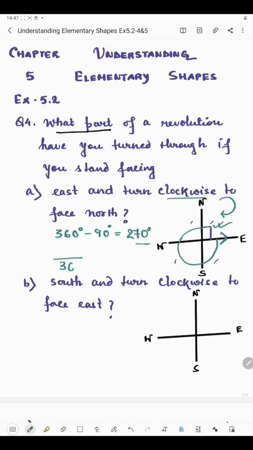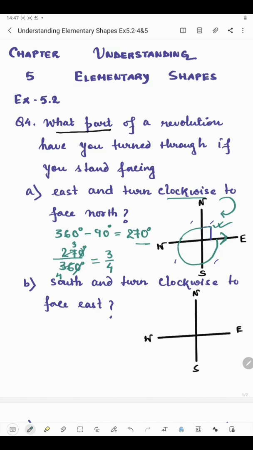Total is 360 degrees, and out of this complete revolution it makes 270 degrees. So if you cut the zeros, then 27 and 36 both come in 9's table. 9 3s are 27 and 9 4s are 36. So it's 3/4 part of a revolution, okay?